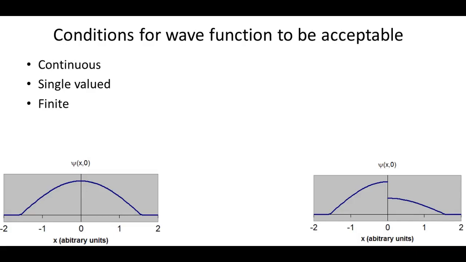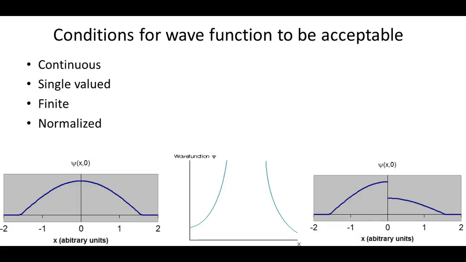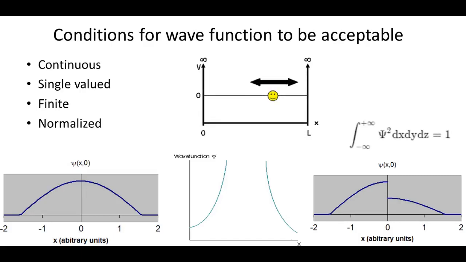The next condition is that the wave function must be finite. In this diagram the wave function goes to infinity, there is no amplitude to be found here, therefore this is not acceptable. The final condition, the fourth condition, is that the wave function should be normalized. That means if the electron is placed inside a box, the probability of finding the electron should be 1.